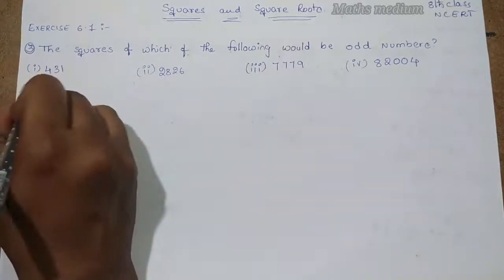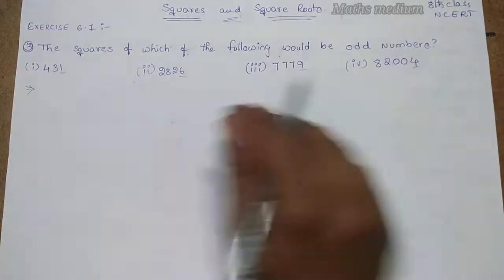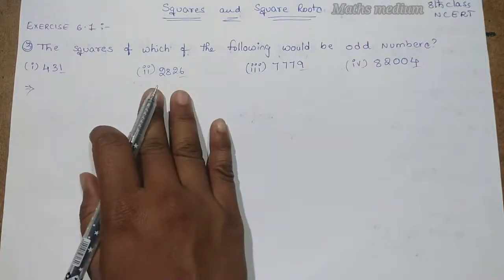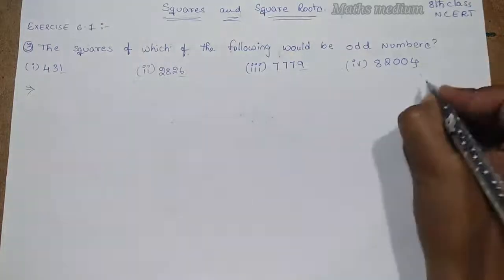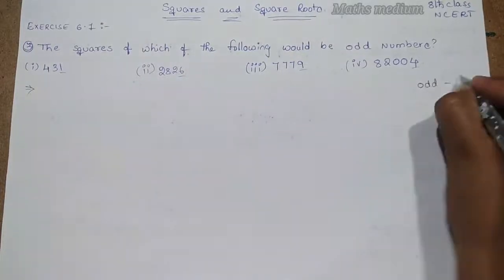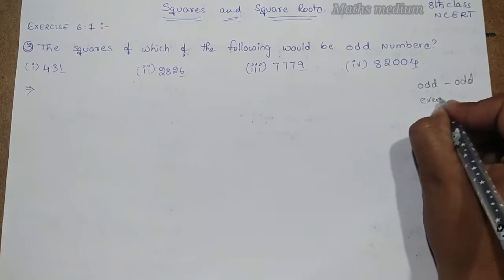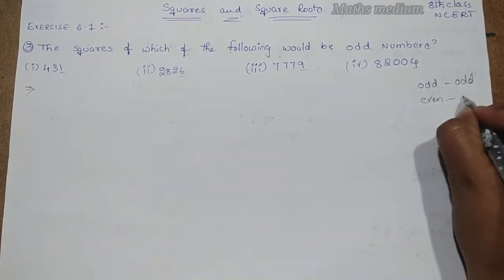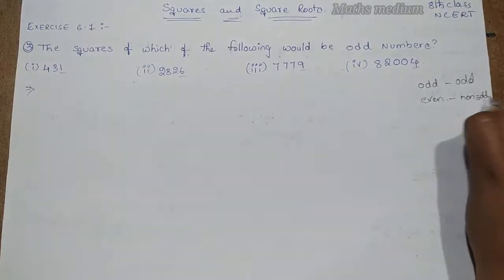So let's start here. Take all the unit digit places, it means ones places, and make it as a square. Then if we get an odd number, it is an odd square. If you get even, it's not an odd number, it is an even number.